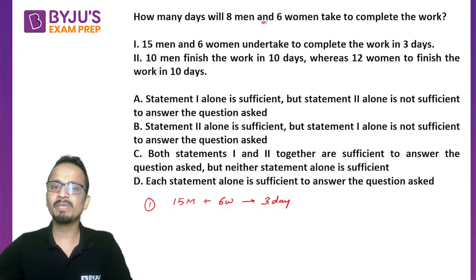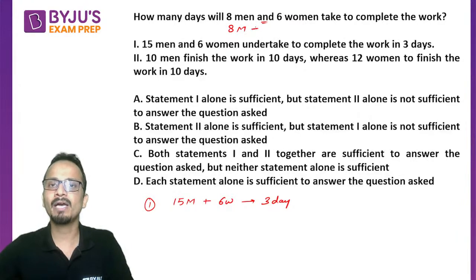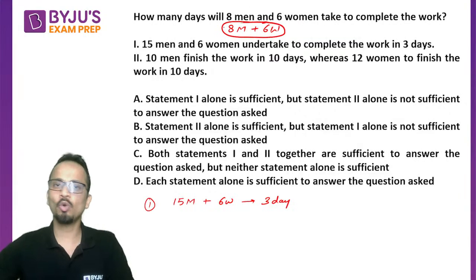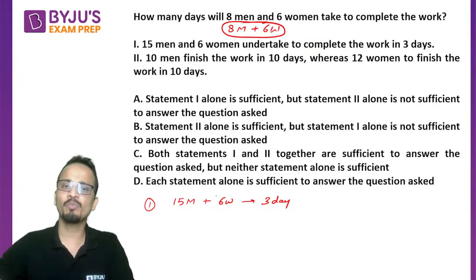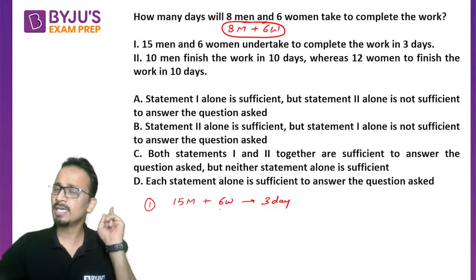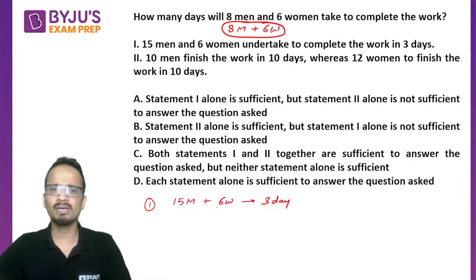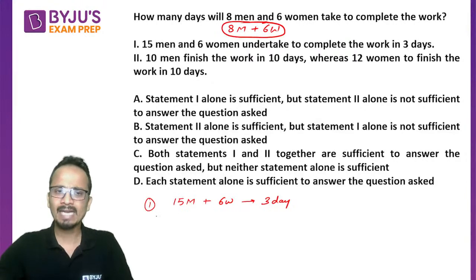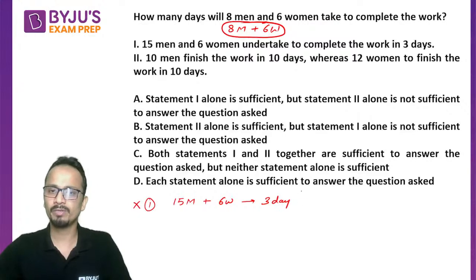Now these 15 men and 6 women are not what I require; I require 8 men and 6 women. So there is no relation between 8 men, 6 women and 15 men, 6 women. There is no relation between the efficiency of a man and a woman. So I will not be able to determine the answer using statement number 1 alone.